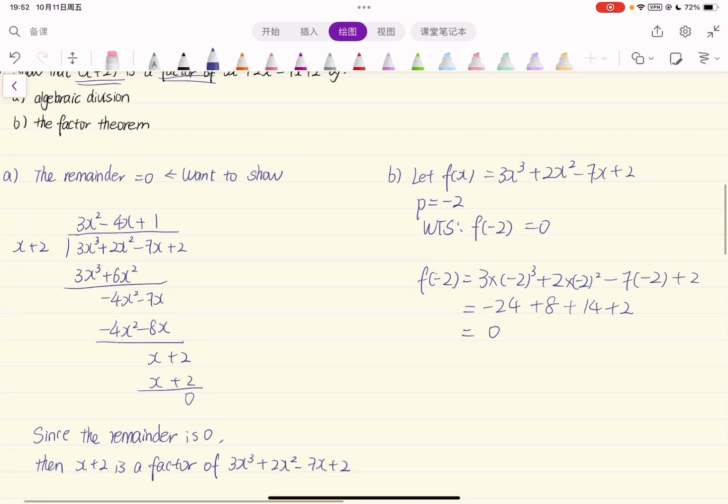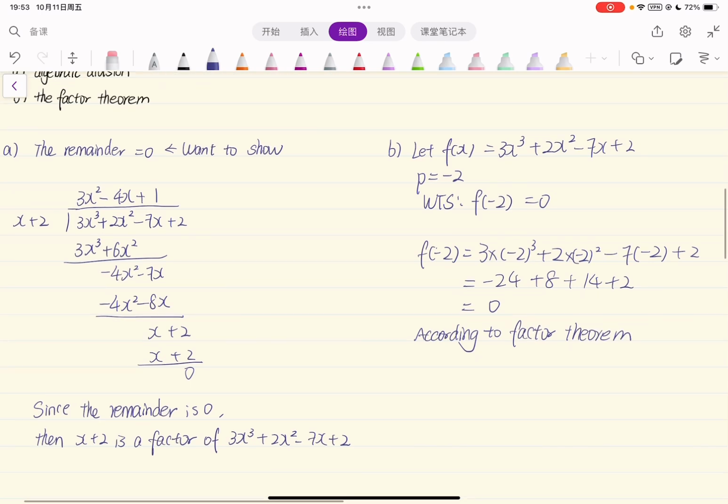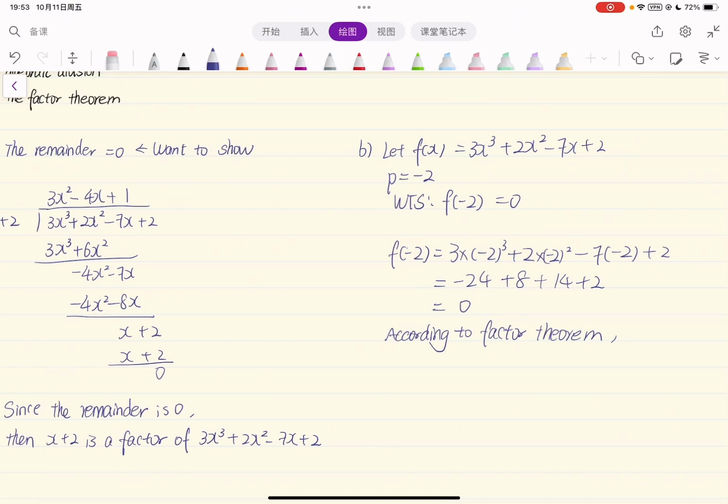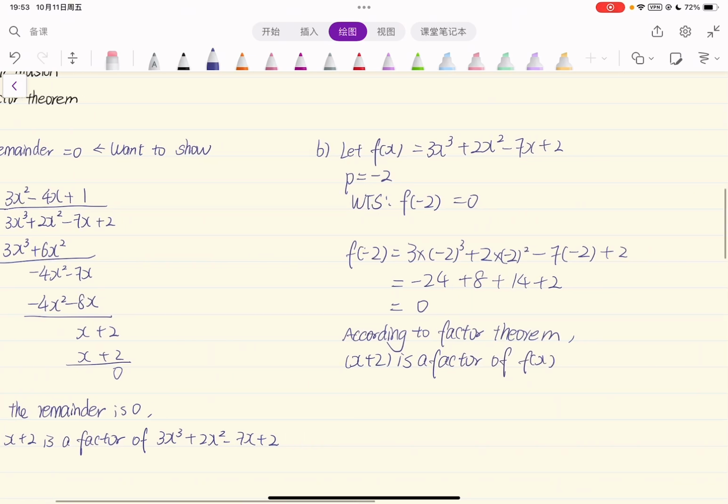So according to the factor theorem, x plus 2 is a factor of f(x), since f(minus 2) equals 0.